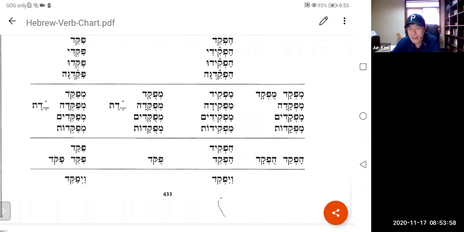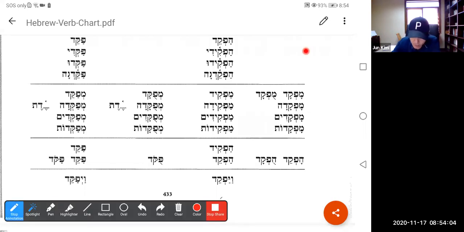Is it kamets? It's kamets hatuf again. Why? Because it comes in a syllable which is closed and unaccented again. So this shva is important. Why? Because it indicates a closed syllable.